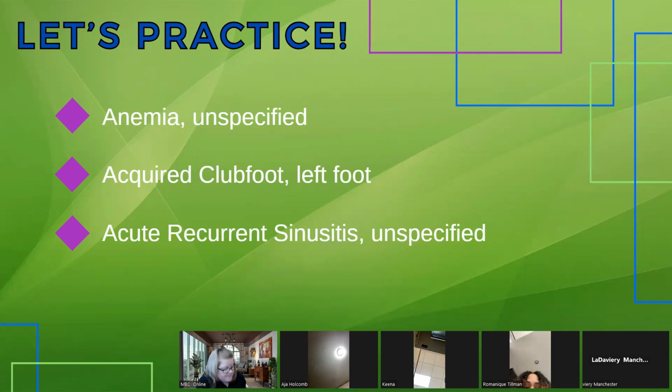All right, so on page 1056, in the left page, the right column, pretty close to the top, you'll see M21.54. It says acquired club foot, which fits our stuff, right? But there's that red stop sign, which means we can't use that code. We have to get more specific.